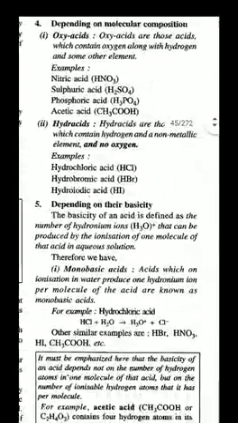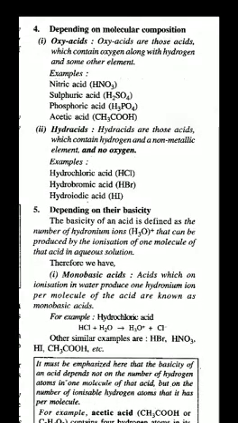Now children, we have molecular composition: hydroacid or oxyacid. Oxyacids are those acids which have oxygen along with hydrogen: HNO3, H2SO4, H3PO4. Hydroacids are acids which contain hydrogen with a non-metal. Examples: HCl, HBr and HI. Depending on basicity: monobasic acid. How many hydrogen ions are donated?